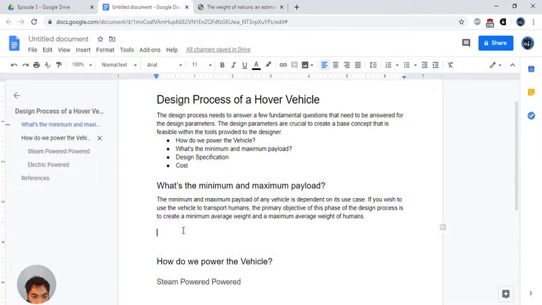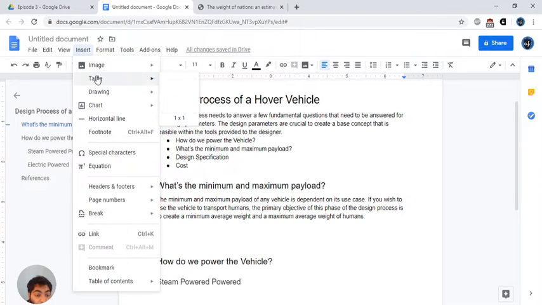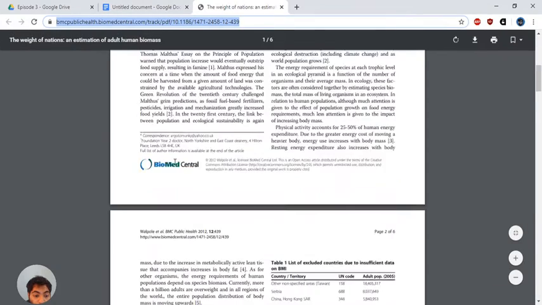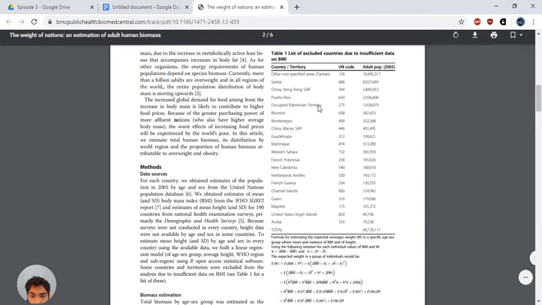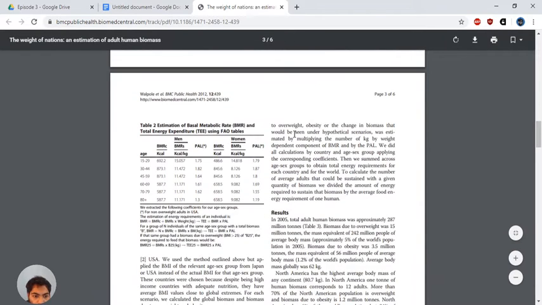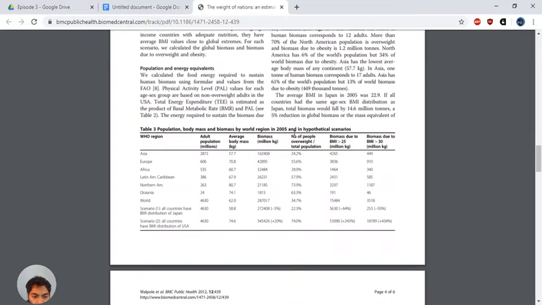Okay, so I think I'm gonna create a table. Oh yeah, I don't think I need to do a table. What I'm gonna do right now is snip this.